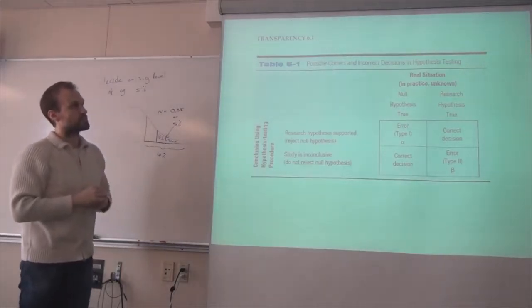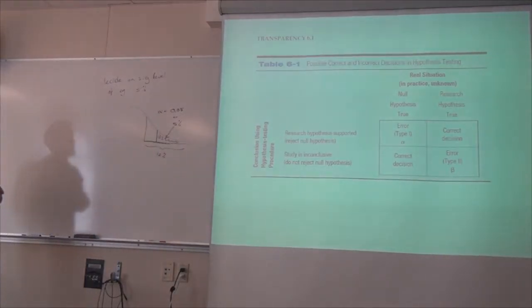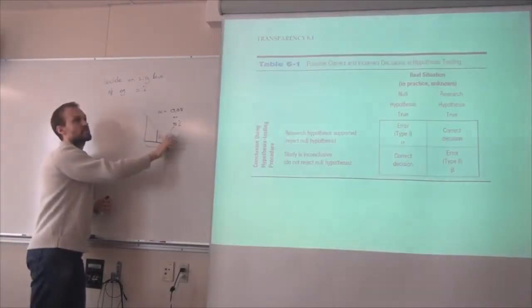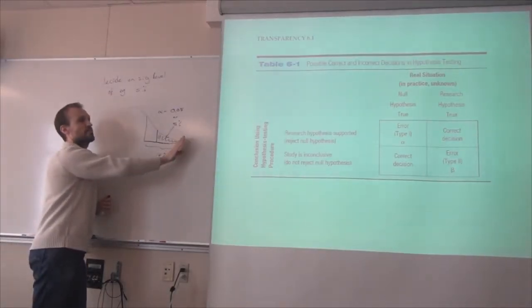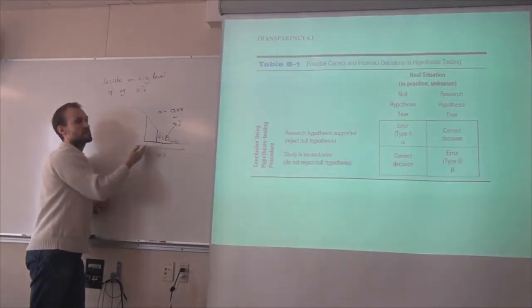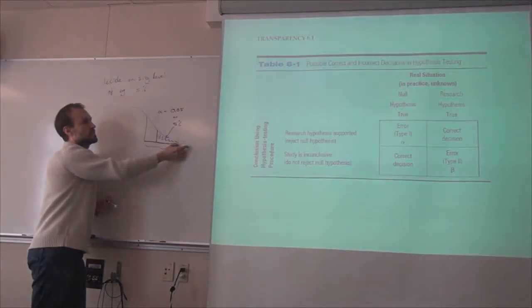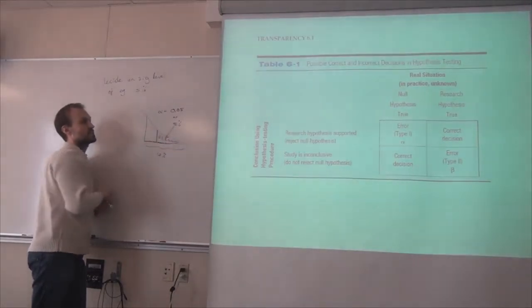But if the research hypothesis is true, then I increase my probability of making a mistake, because the more extreme the alpha is, the smaller alpha is, the more I run the risk of not rejecting it when I actually should have. Because I'm only going to reject it for a small little tail if I make alpha too strict.